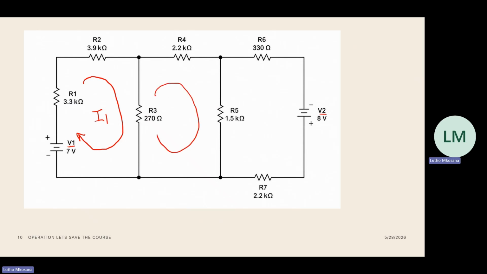We're just going to choose all of this as clockwise direction. And then we have this loop as I3. I hope we remember the circuit.